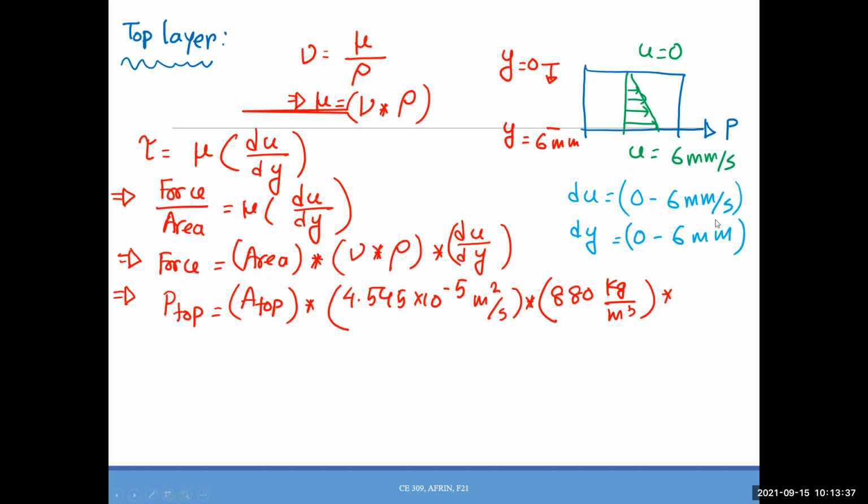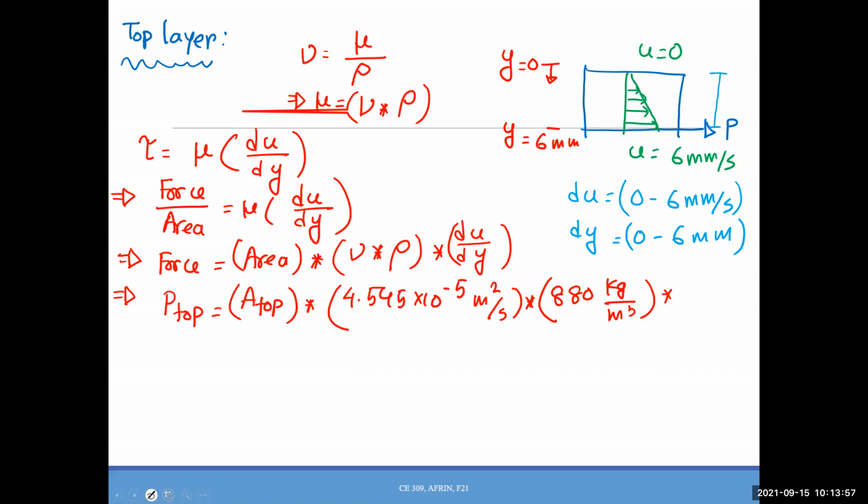Are you seeing how I got that from this velocity profile? So in between this portion, it's 0 to 6. That is the velocity difference. And what is the length difference? 0 to 6, right? Everyone's good up to this point?